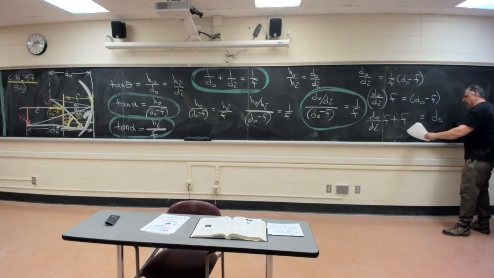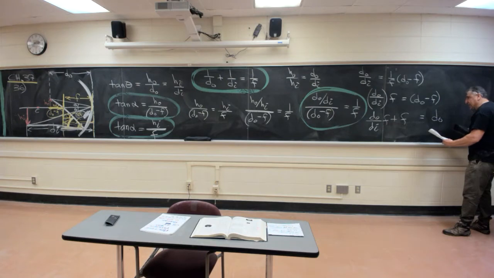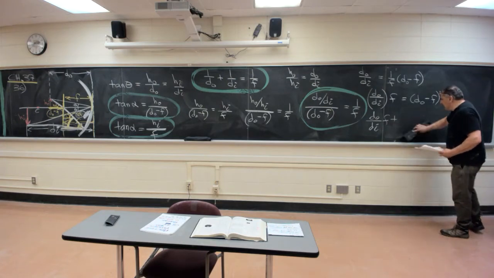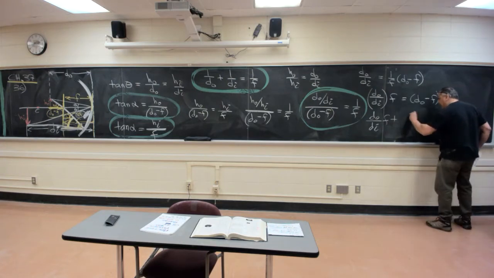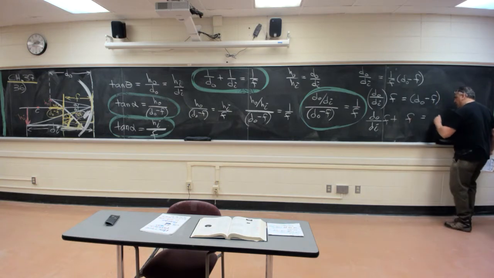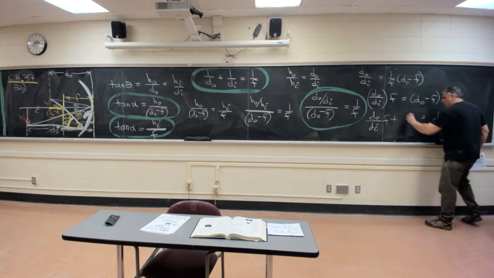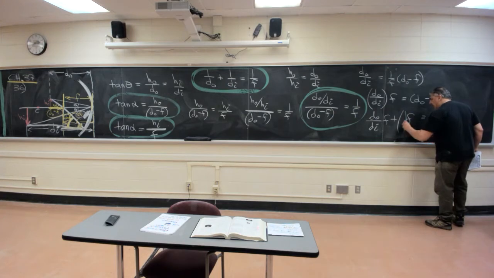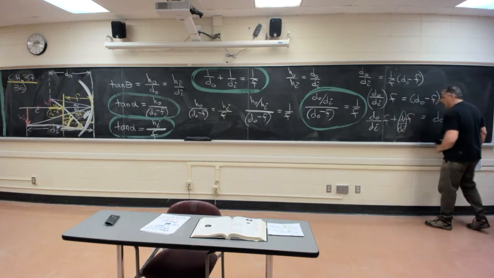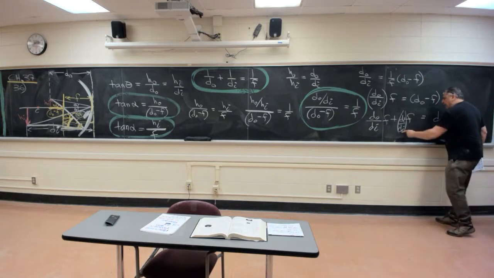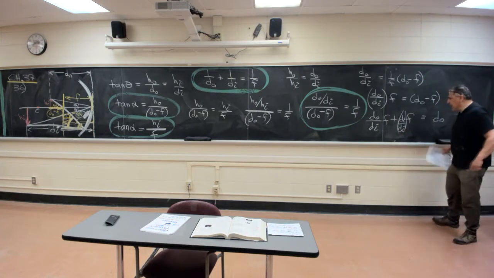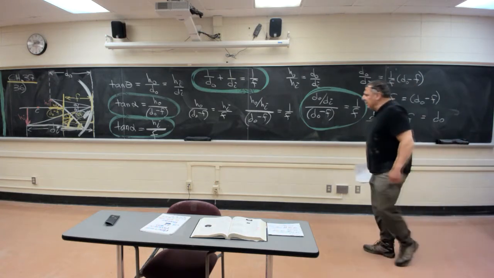F is the same as DI over DI, if you want to write it that way. So basically when I got F equals DO, and F is the same as DI over DI, DI over DI is 1 times F is DO. So you're looking at something like this.